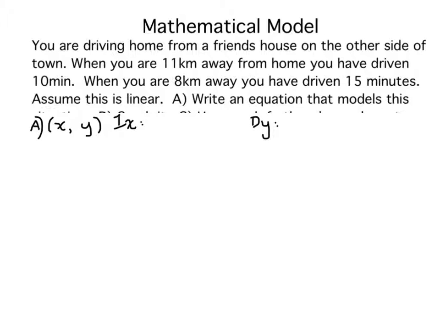And if I look, I can see that I have 8 kilometers away when I've driven 15 minutes, okay? 11 kilometers away from home when I've driven 10 minutes. So what depends on what? Do the kilometers depend on my minutes, or do my minutes depend on the kilometers?